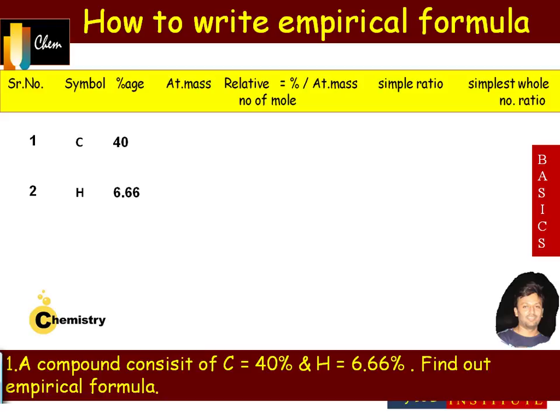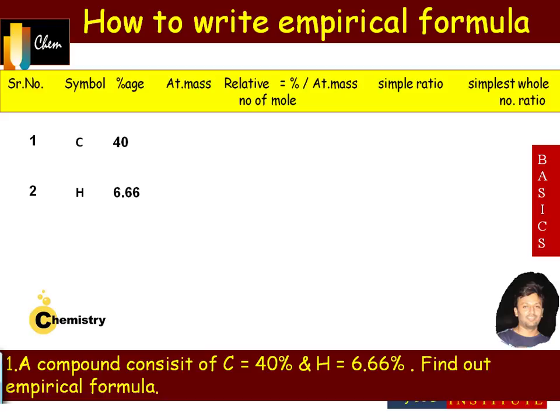Now at this step, just try to understand what is the sum of the percentages. If the sum of the percentages is 100, then we can proceed further. And if the sum of the percentages is less than 100, it means there is another element which is always oxygen, and the rest of the remaining percentage will be that of oxygen. So here the given percentages are 40 plus 6.66.